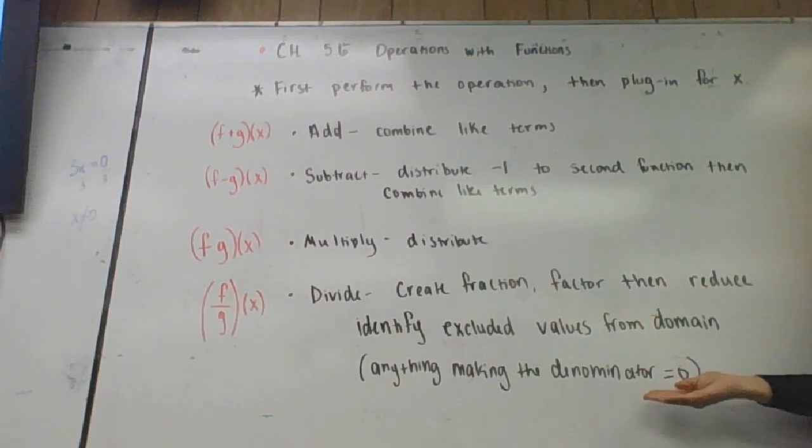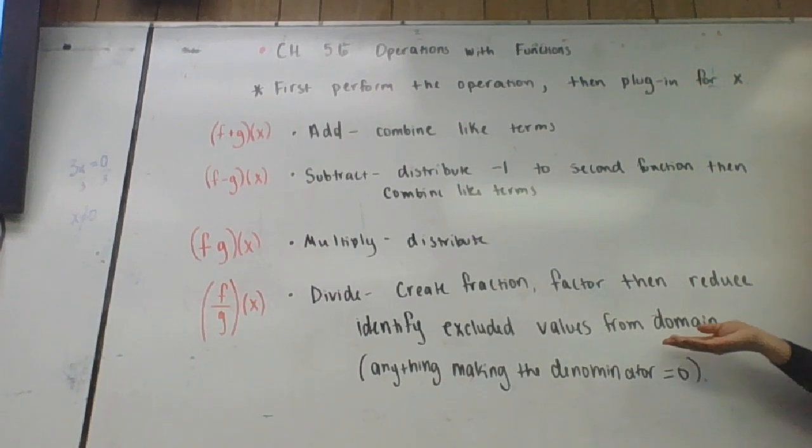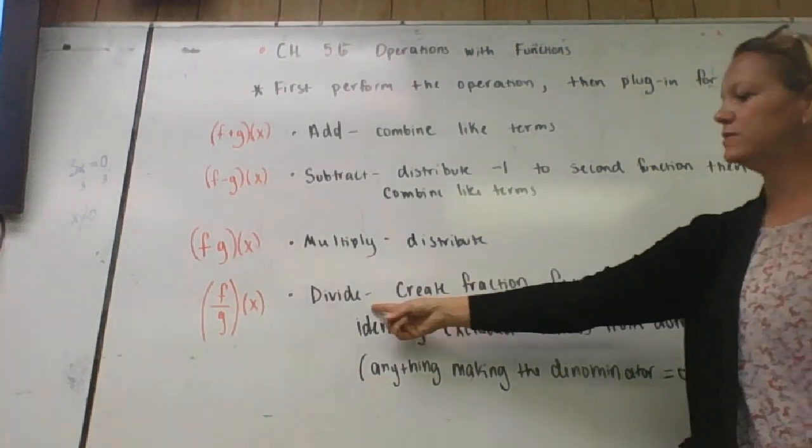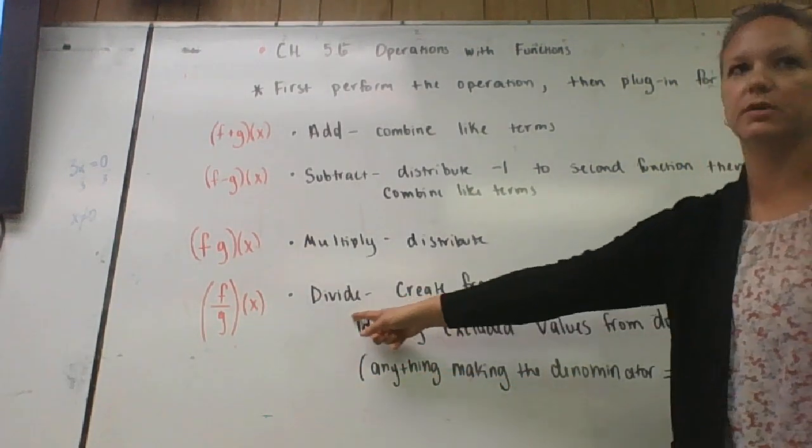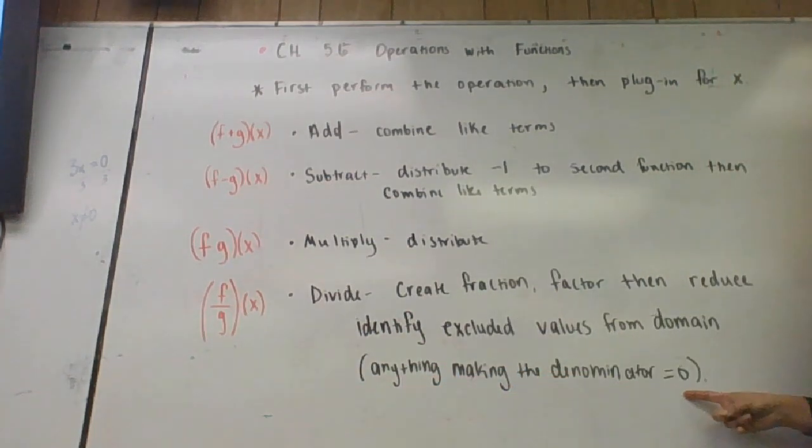This is what's brand new to you, identifying excluded values from a domain. And this is probably the most important part of this entire lesson. It's most applicable to higher math. So you have to identify anything that will make a denominator 0.